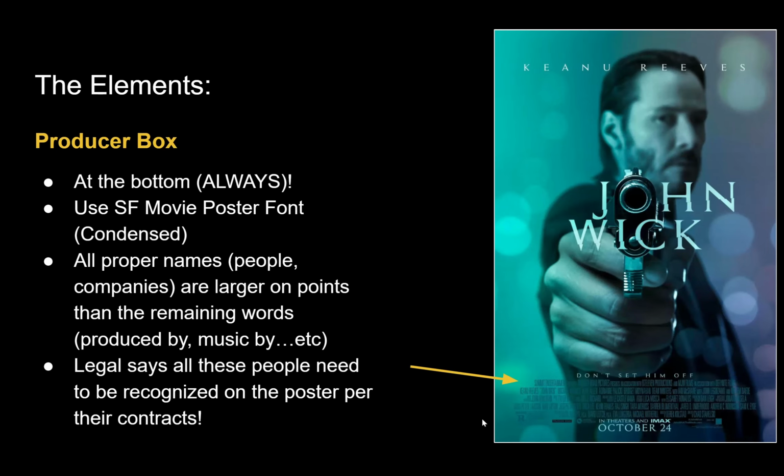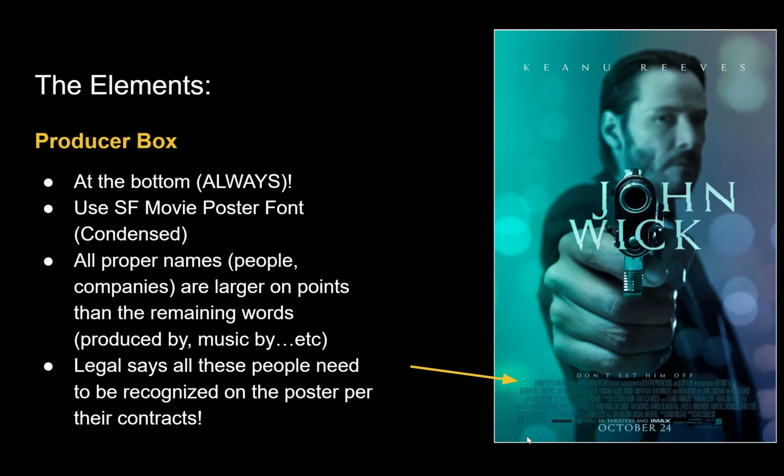The producer box. At the bottom, always in a true official movie poster, you will see the producer box, this area down here. This one has sort of a slightly dark medium blue, aqua blue color to it. It legally has to be there.